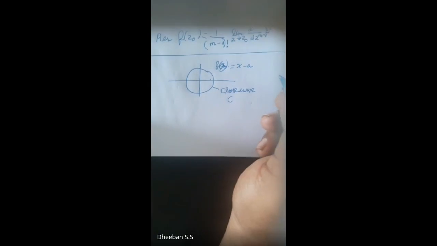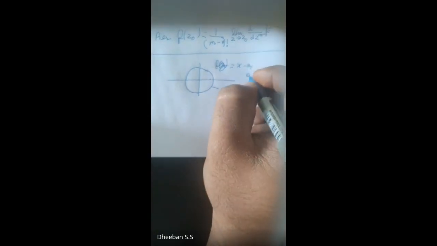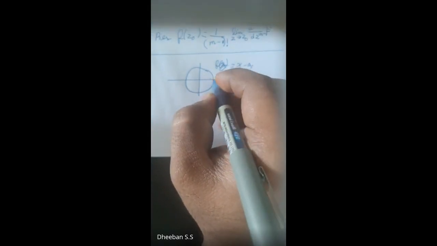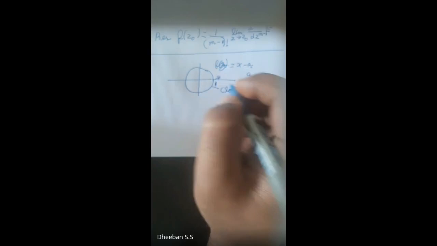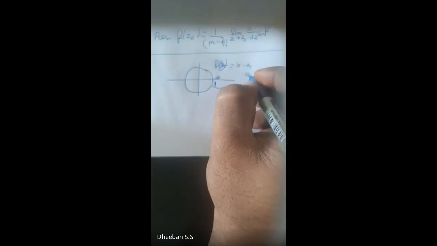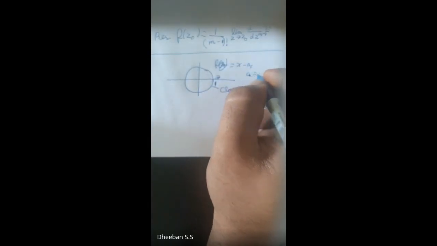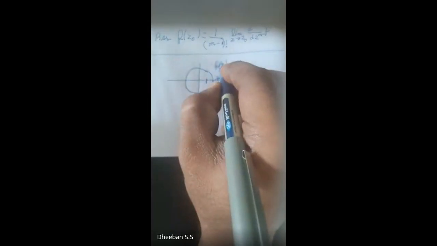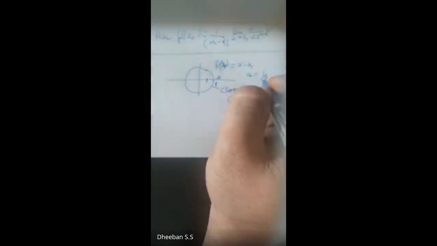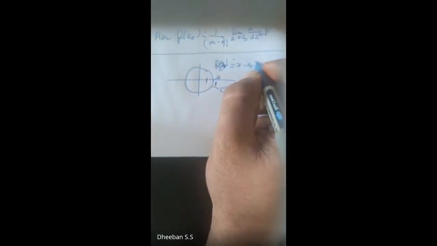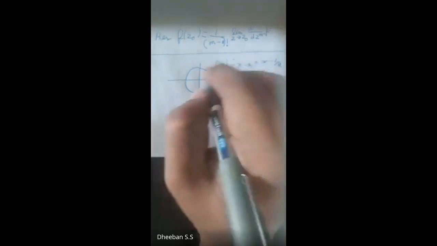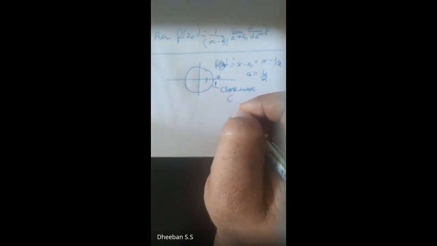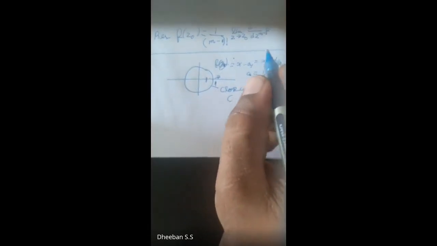If this is a unit circle, and your a value is less than 1, say 1 by 2, that is 0.5, then this function is within your unit circle or closed curve C. You understand, right? That's the meaning of that definition.